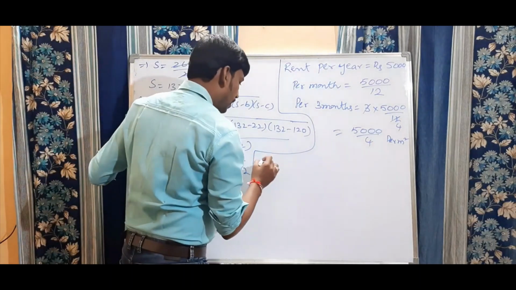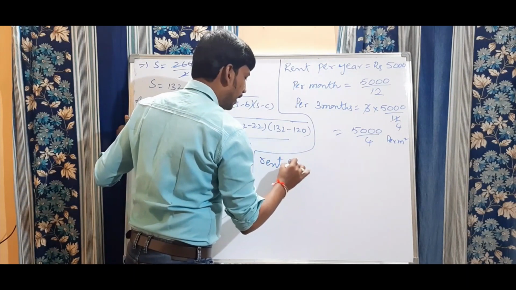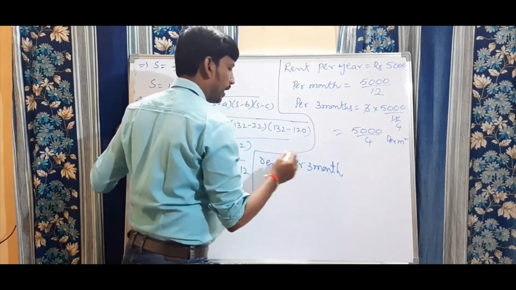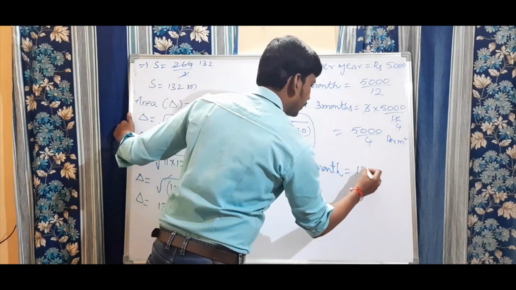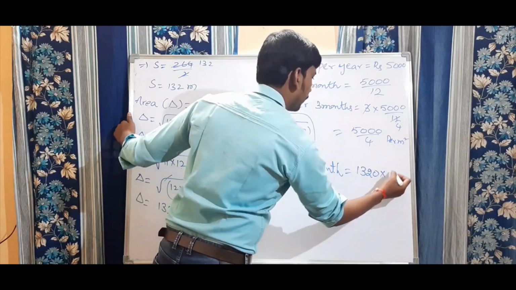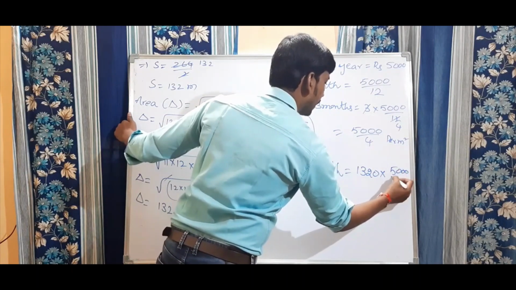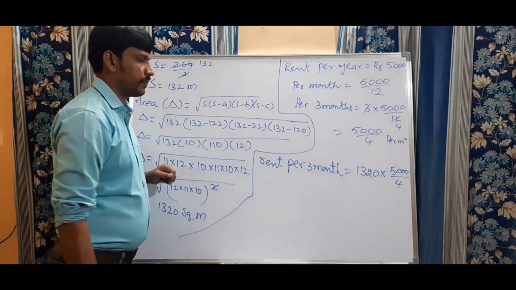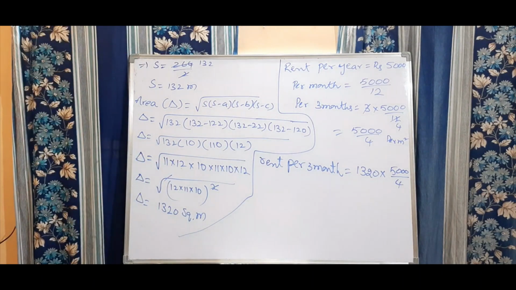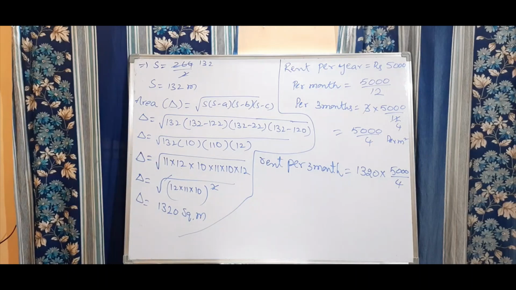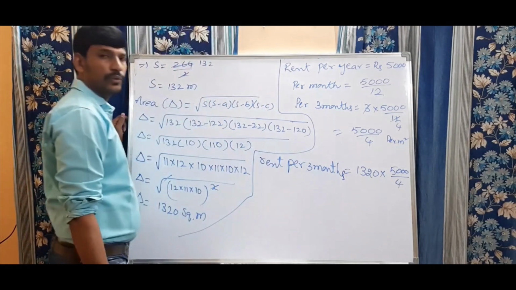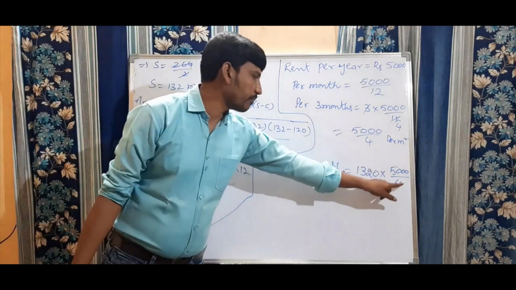Now rent per 3 months is equal to total rent, which is equal to 1320 into 5,000 by 4. Clear? Right, my dears? So rent per 3 months, this is the value: 1320 into 5,000 by 4.